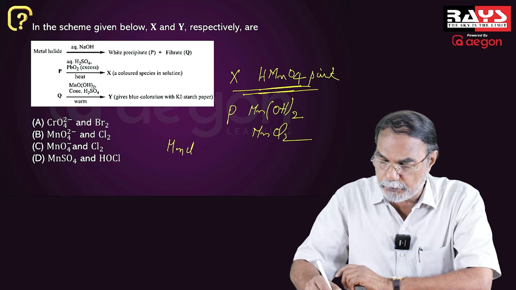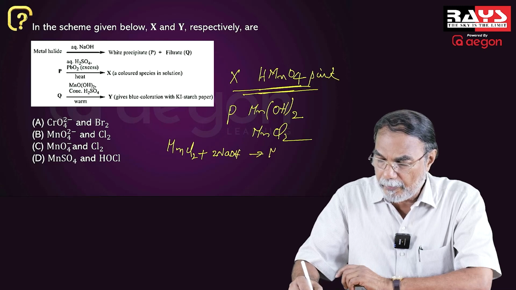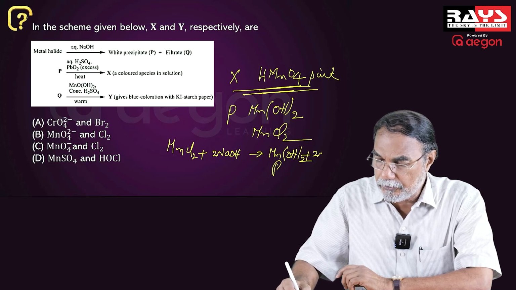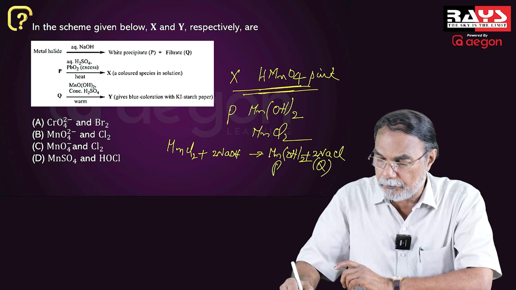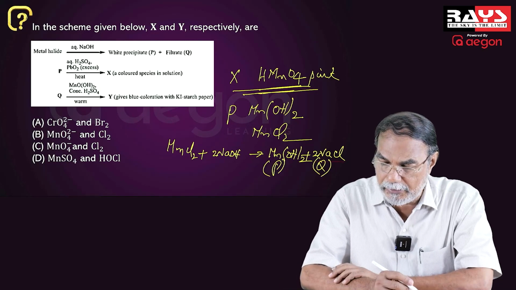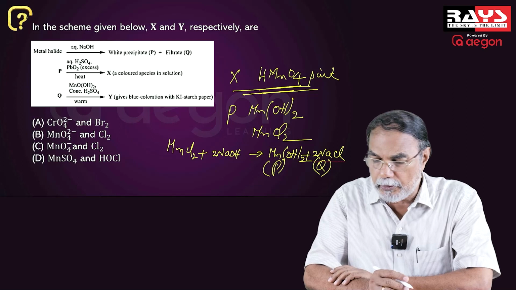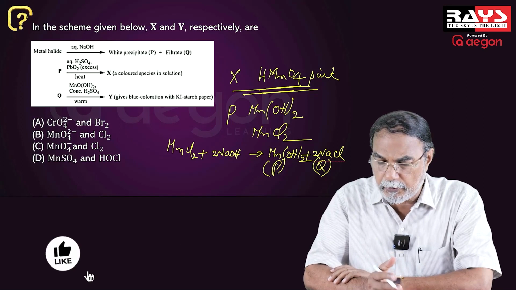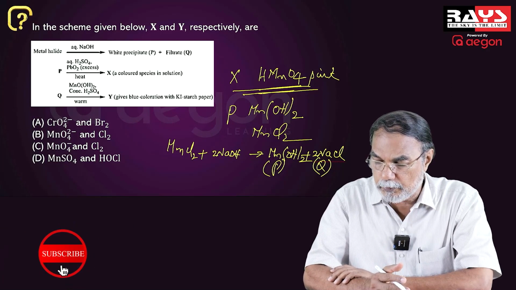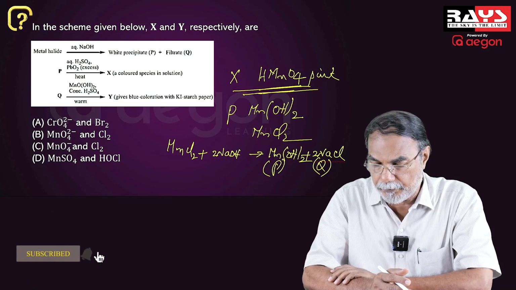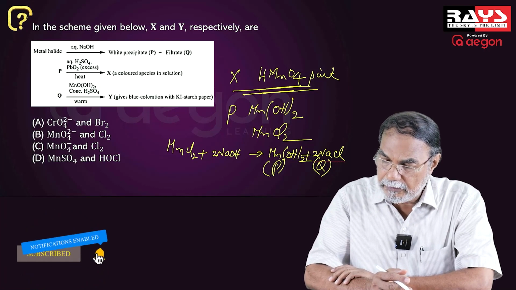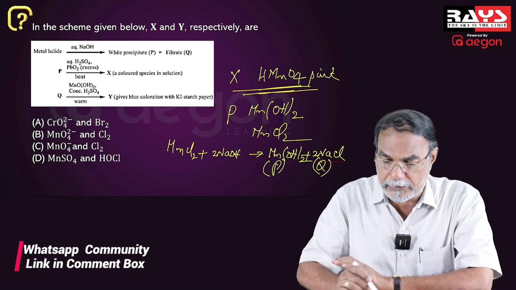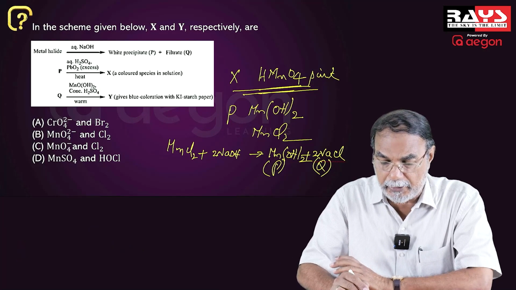The reaction is simple: MnCl2 plus 2 NaOH gives Mn(OH)2, that is P, plus 2 NaCl, that is Q. So P is Mn(OH)2 and Q is sodium chloride, or maybe sodium bromide if you have taken manganese bromide as a starting compound. So X is permanganic acid, HMnO4, that is a typical permanganic acid test for manganese ions.